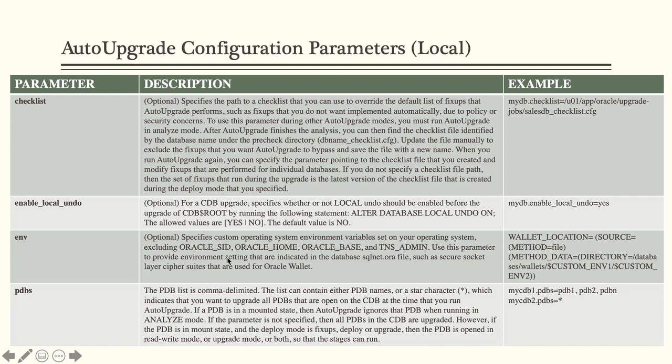In my demo, since all my source databases are non-CDB, that parameter won't matter for me, but it's a comma separated list of pluggable databases which you would like to upgrade as part of the CDB upgrade using this auto upgrade tool.